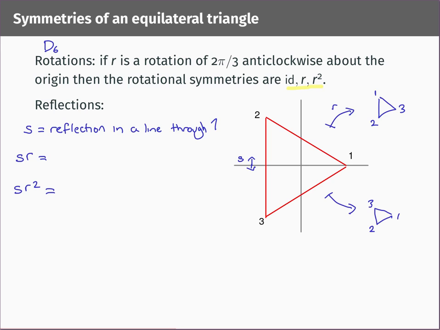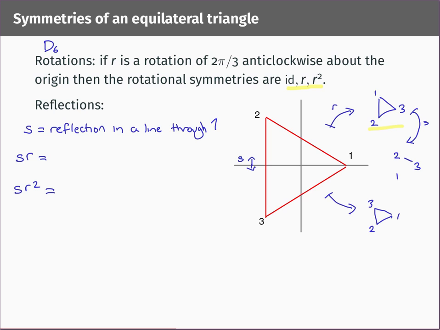So we're going to look at the symmetry SR. You'll remember that the group operation is composition of maps, so SR means do R and then do S. We know what happens when we do R. We end up with a triangle in the configuration I've drawn right here, where we have 3 on the right, 1 at the top and 2 at the bottom. Let's think then what would happen if we did S to this. This is my arrow symbol to say we're doing S to this. Well, we do S. We fix 3, because S is a reflection in the x-axis, and we swap those other 2 positions.